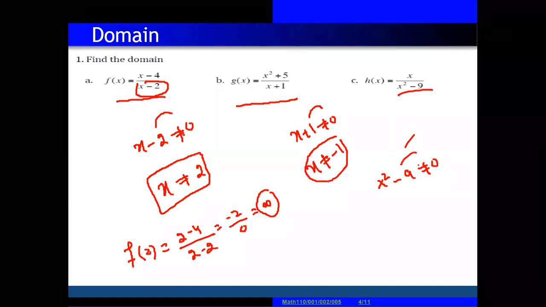If you transfer 9 to the other side, x square not equal to 9. If you take the square root on both sides, x is not equal to plus or minus 3. So plus 3 is not possible, and minus 3 is also not possible. Excellent.